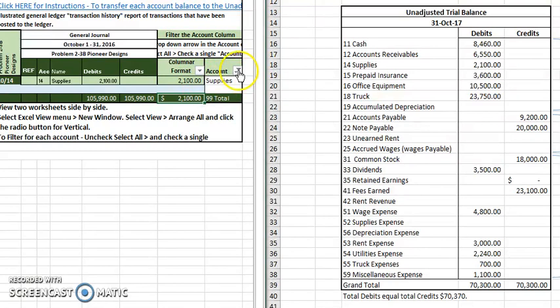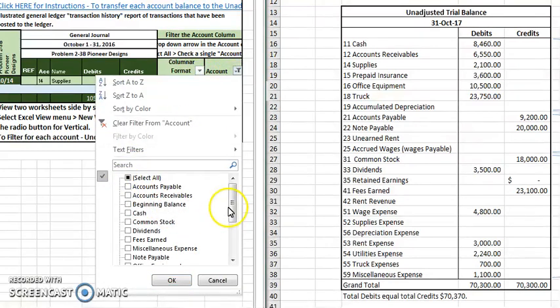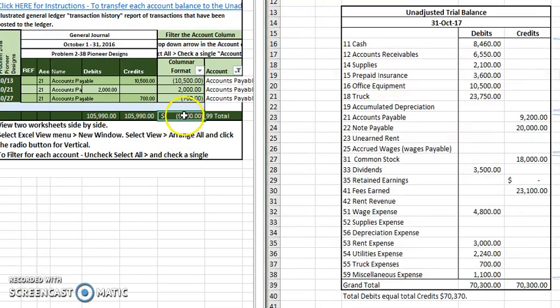And let's skip around just a little bit. Let me look at what's in accounts payable. So I'll check accounts payable, uncheck cash, and it's a credit balance of $9,200.